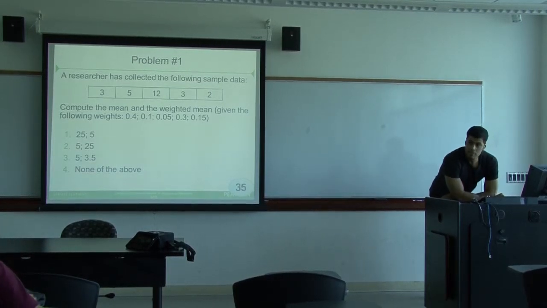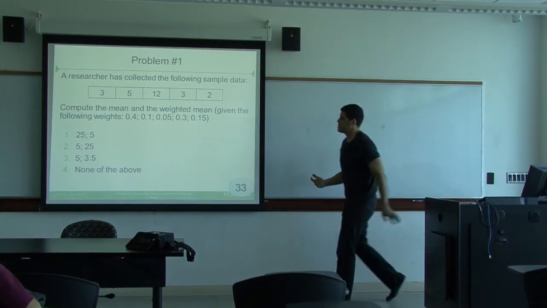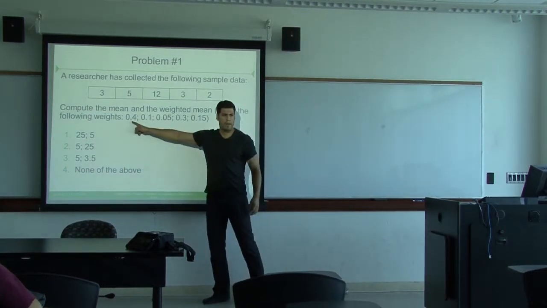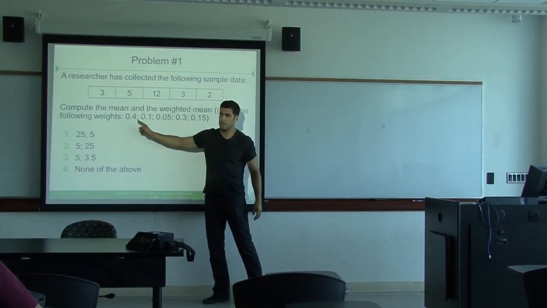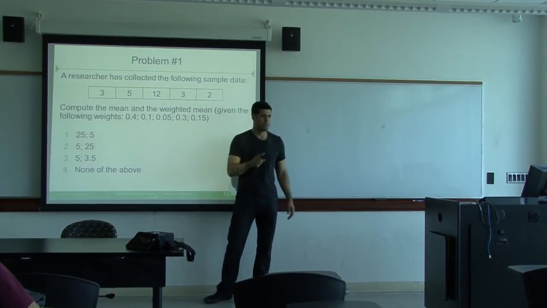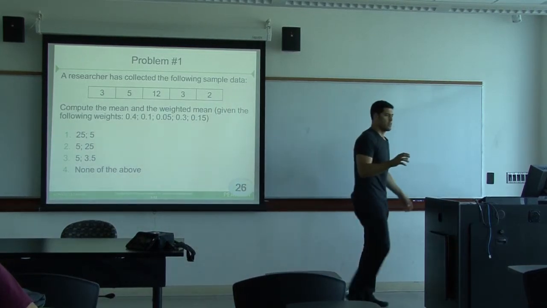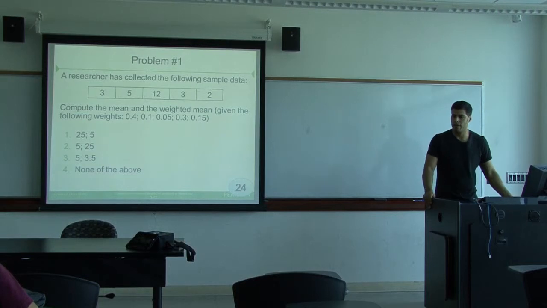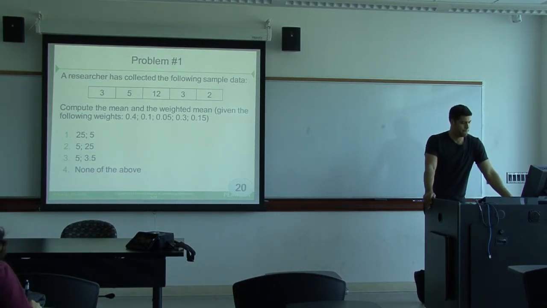I should tell you that the first weight applies to the first observation. So 0.4 is the weight for observation 3, the data value 3. The weights add up to what in this case?